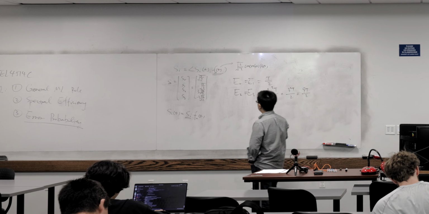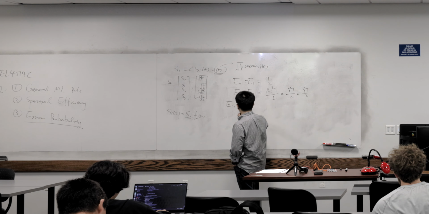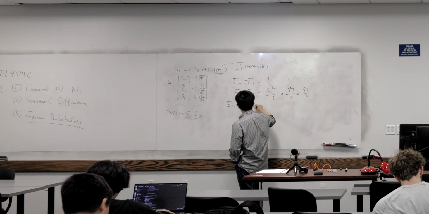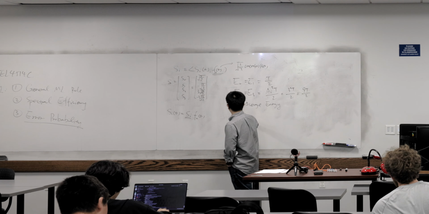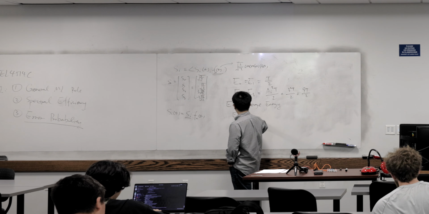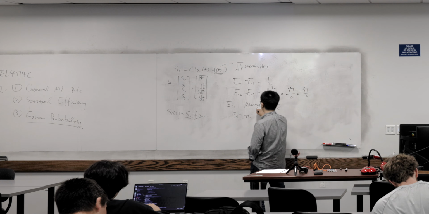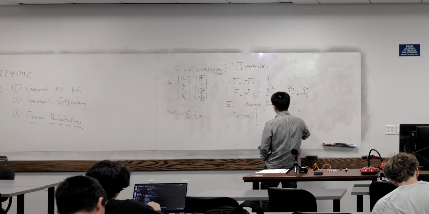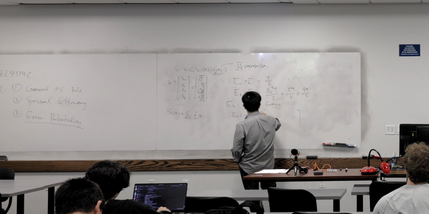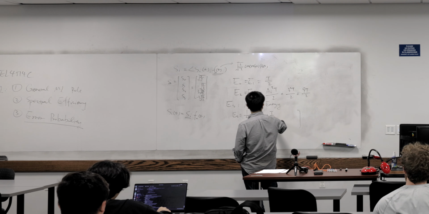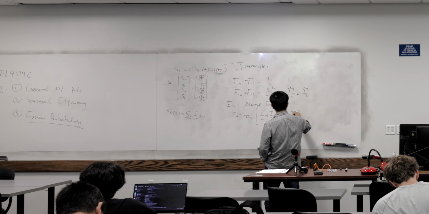So now let's denote E of S as the average energy, right? Basically E of S should be 1 over 4, because we have 4 signals, and we assume that they have equal probability of transmission, right? Then we have 2 of T over 2 and 2 of 9T over 2, right?